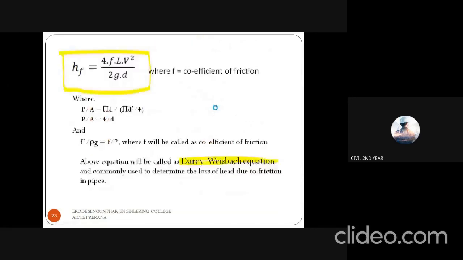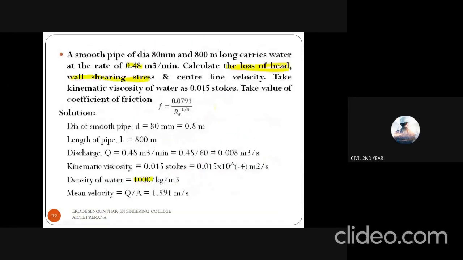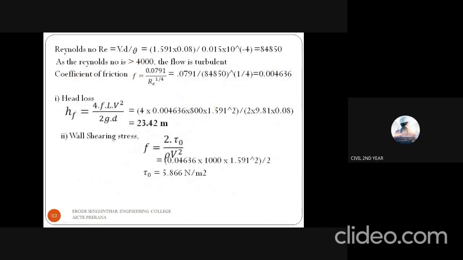That's why we can directly substitute: Vd divided by kinematic viscosity, which is 1.591 into 0.08 divided by 0.015 into 10 to the power minus 4. The value is 84,850, which is greater than 4000. So the flow is turbulent.